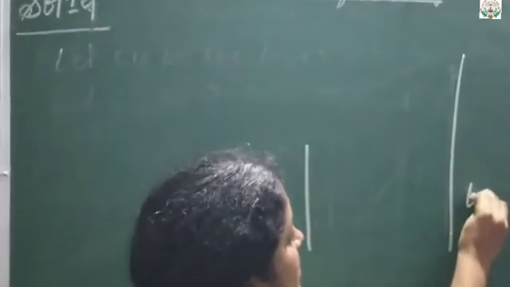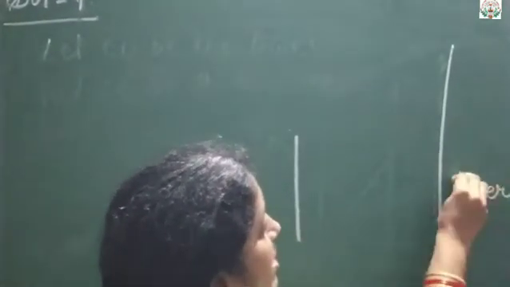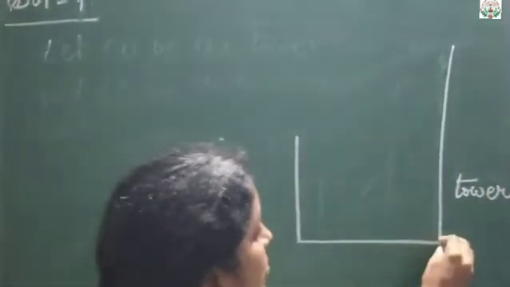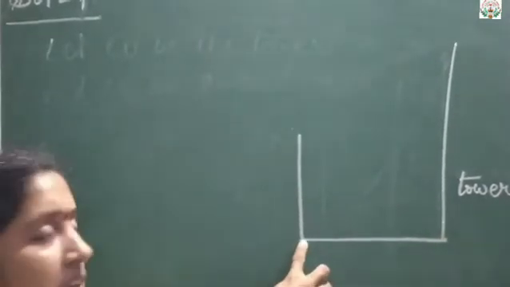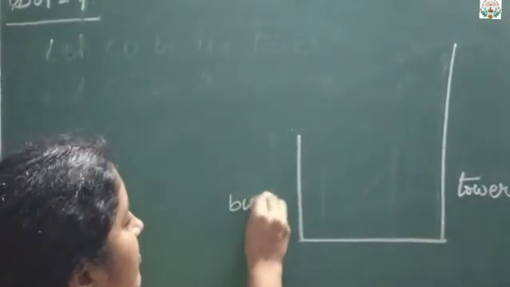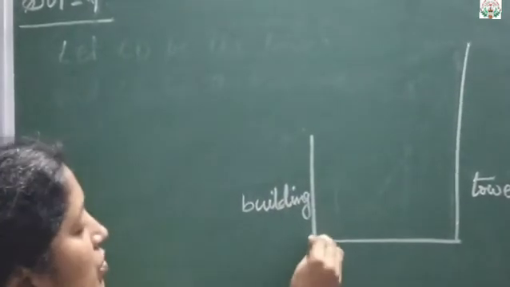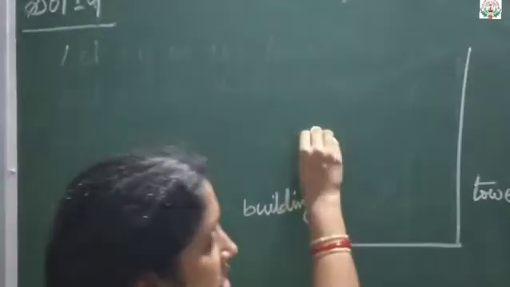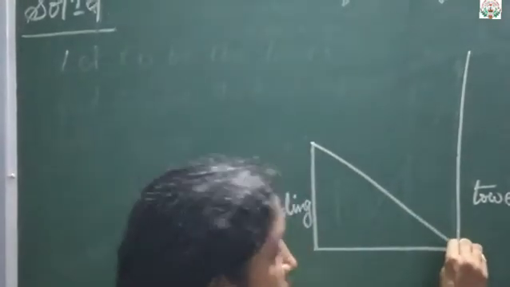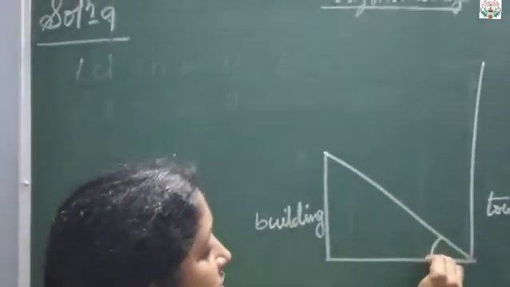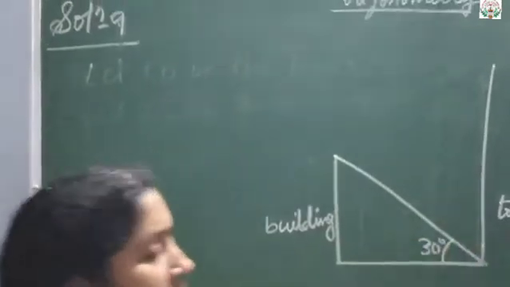Okay, so this is the tower. Okay, and this is the ground. From the foot of the building, this is the building. Okay, so now from the top of the building to the foot of the tower, the angle of elevation is how much? 30 degree.